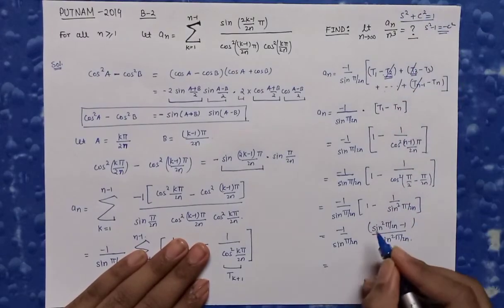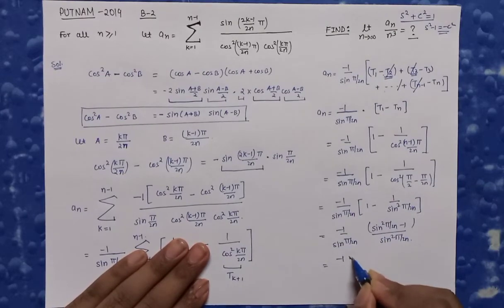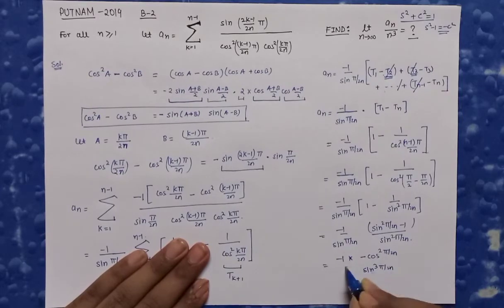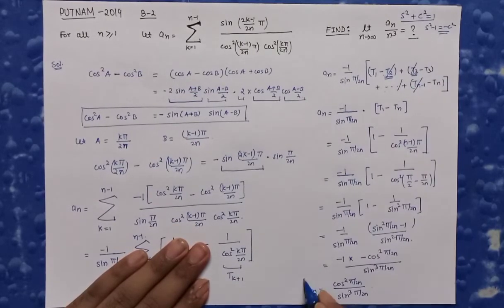So I can write it as minus 1 into minus of cos square pi by 2n divided by sine cube pi by 2n. This minus minus will get cancelled out. Thus an equals to cos square pi by 2n divided by sine cube pi by 2n. So we have found the function an in terms of n.